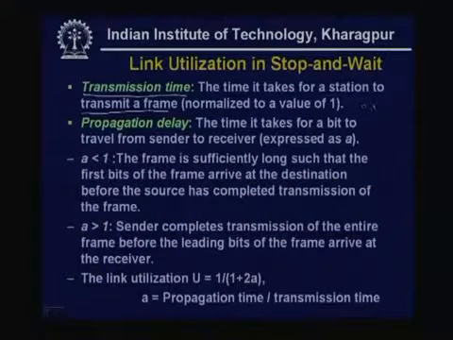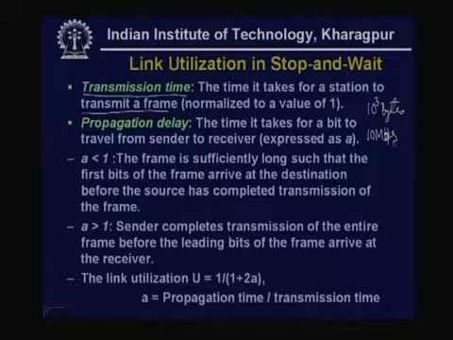Let us assume the size of the frame is 10 to the power 3 bytes, that means 1 kilobyte, and the rate at which it is being sent is say 10 megabits per second. So when it is sent at this rate, obviously the transmission time will be 10 to the power 3 by 10 to the power 6, that means 1 millisecond.